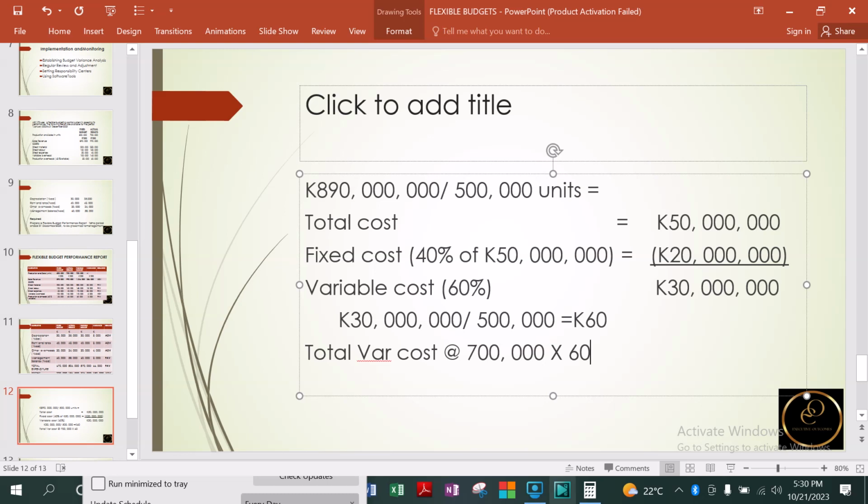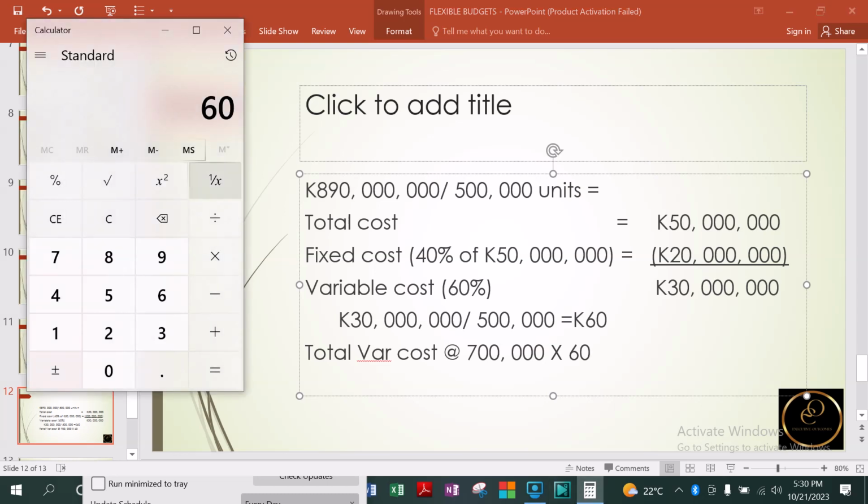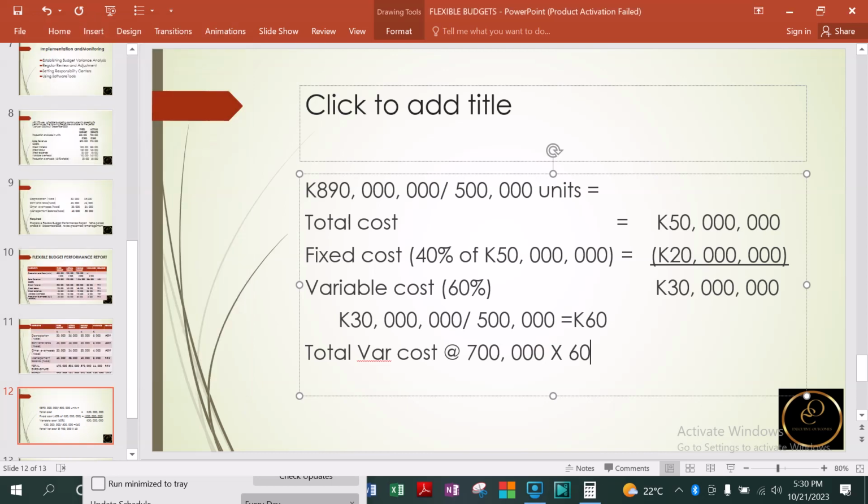So if you multiply that by 60, 700,000, you're going to get 42 million kwacha. It will give you 42 million kwacha.